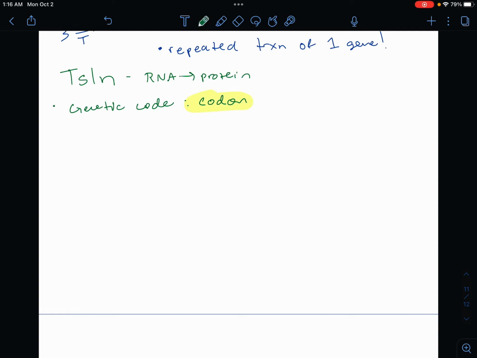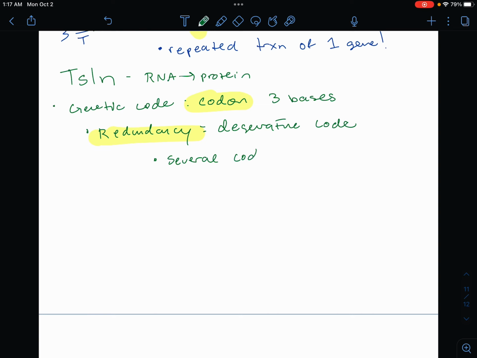This is again review. It's going to be the 3 nucleotide bases. The code is, of course, a carrier of redundancy. And it's also degenerative. What does this mean? Well, we could have something called the wobble effect, where several codons will still code for the same amino acid, regardless of that third base.